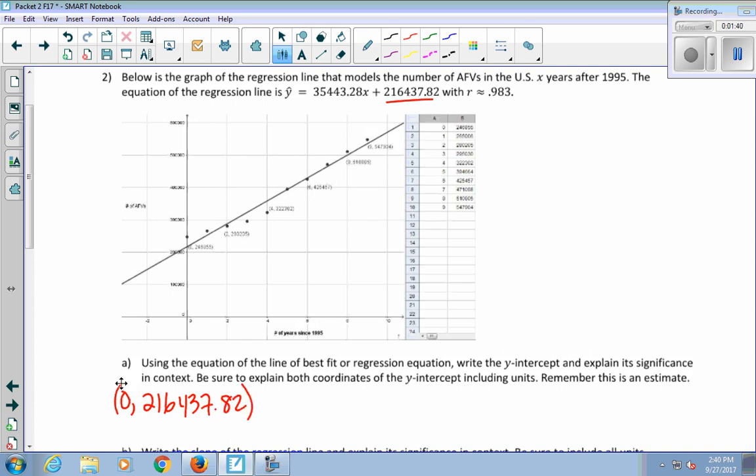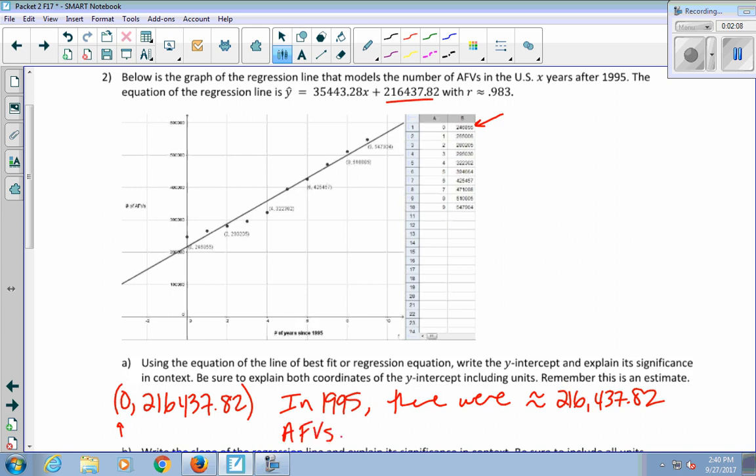That means that in 1995, 0 years after 1995, there were approximately, because my regression line says approximately, not exactly, 216,437.82 AFVs on the road.